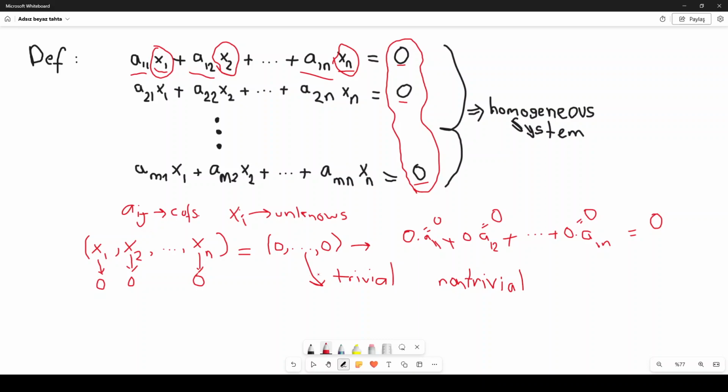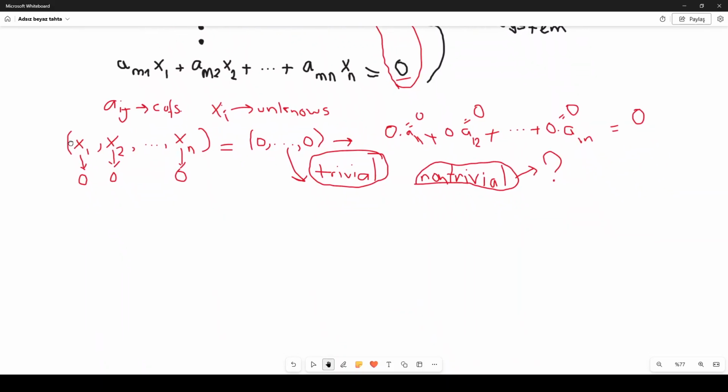So the trivial solution is the solution where all the unknown variables are equal to 0, and the non-trivial solution is something different from the 0 solution. What we are interested in finding is this type of solution to the given system. Otherwise, we already know that we have at least one solution to this homogeneous system.